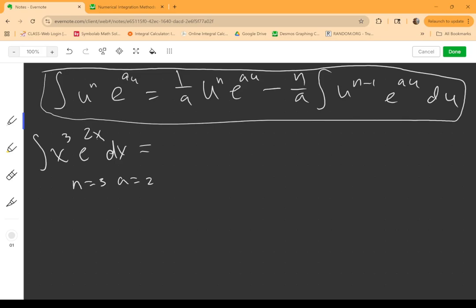So that'll be 1/2, x is my u here, x cubed e to the 2x, and then minus n over a, so 3 over 2, and then the resulting integral is x to the n minus 1, so x squared, and e to the 2x dx.